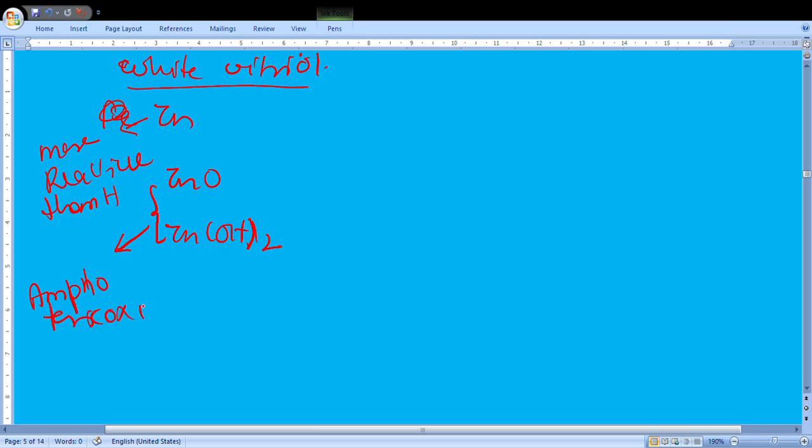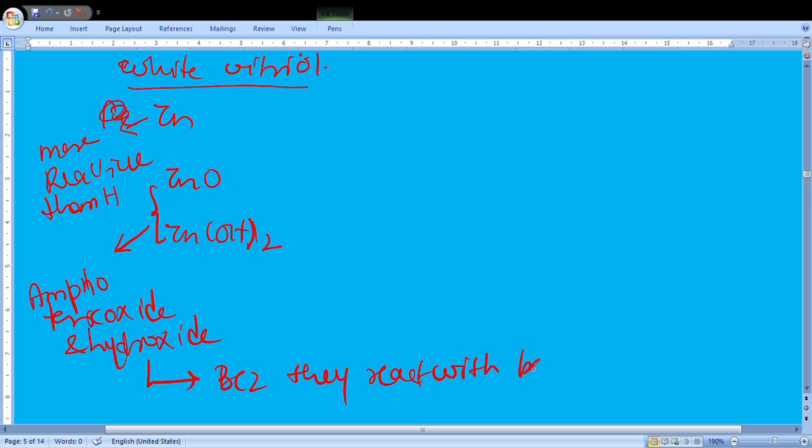What kind? Amphoteric oxides and hydroxides. Why? Because they react with both acids and strong alkali. With both they will react. So zinc is more reactive than hydrogen.